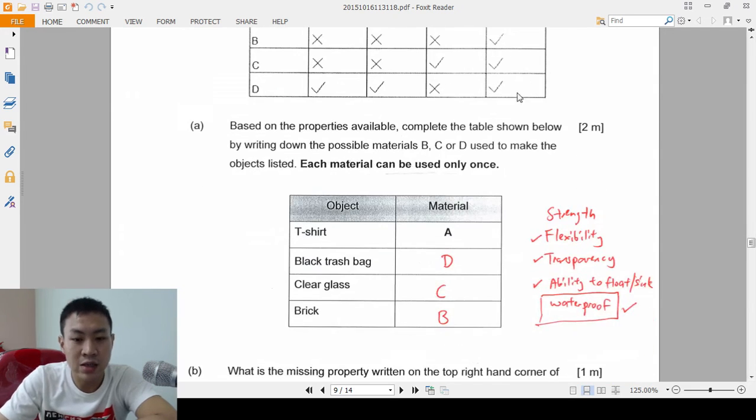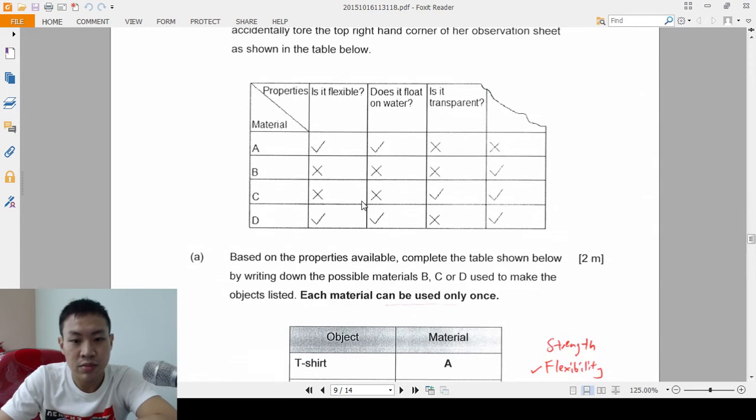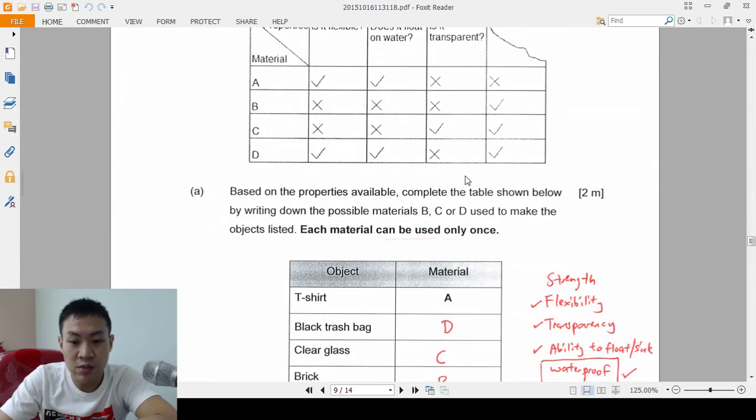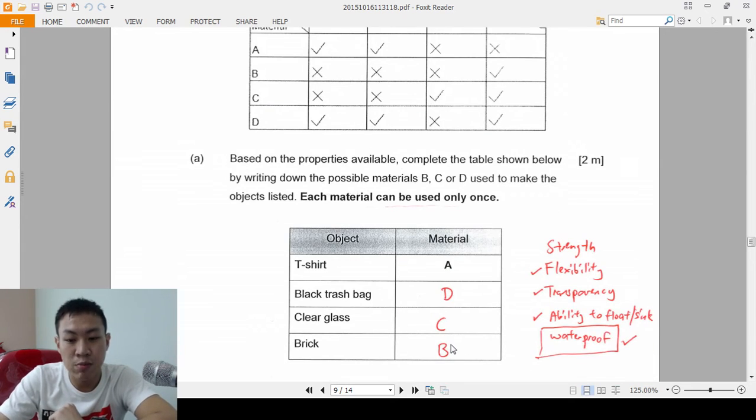Alright, we'll find out later. Clear glass is definitely transparent, and it is not flexible, so the answer is C. While brick is not flexible, does not float on water, and is not transparent, so therefore brick is B.